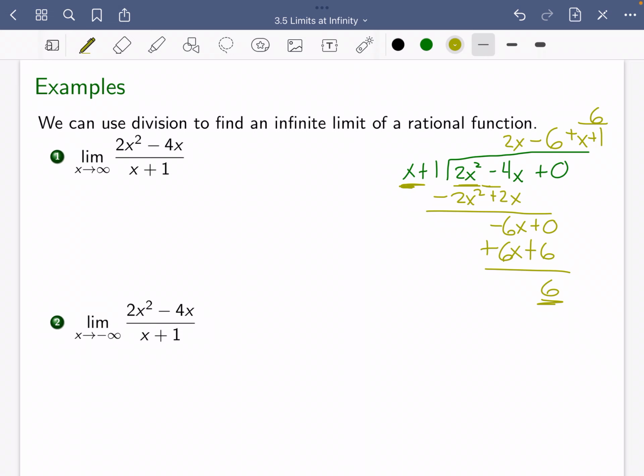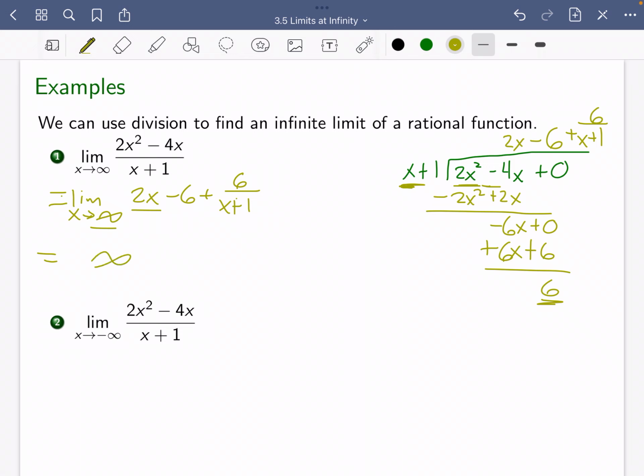So that's the long division. And so now this limit we can rewrite as the limit as x goes to infinity of 2x minus 6 plus 6 over x plus 1. The 2x, as x goes to infinity, is heading towards infinity.